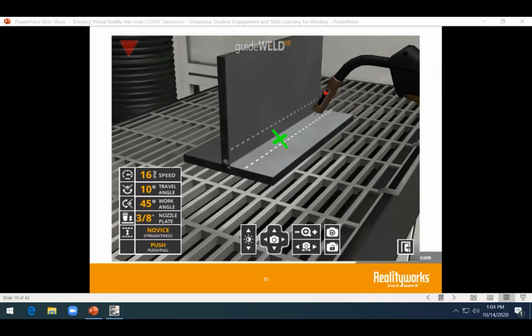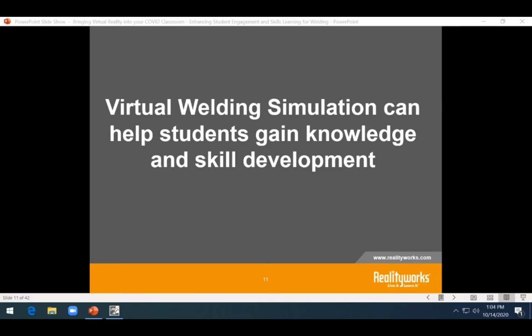One of the big pieces that we really focus on is the methodology of giving immediate feedback, that training in the welding technique. So students are making sure that the variable of welding technique is taken care of, that they have solid technique every single time that they weld. That consistency, that repetitive motion over and over, making sure that they're doing it correctly every single time. So let's get started looking at how virtual welding simulation can help students gain knowledge and skill development.